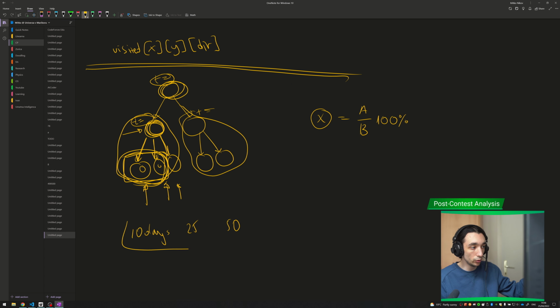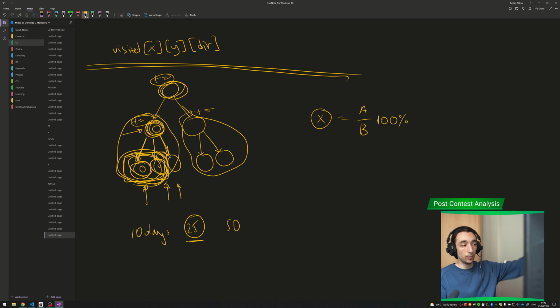If I need 2/3 to be mobilized, I need 25 days, for this guy to mobilize and this guy to mobilize. So we take the 2/3, and then we know that this node will start mobilization after 25 days.